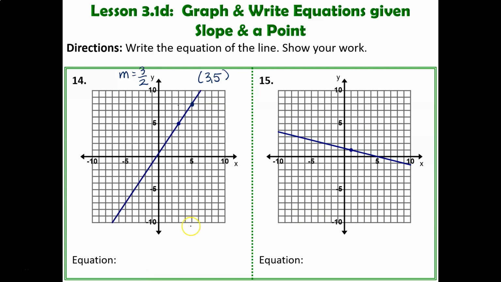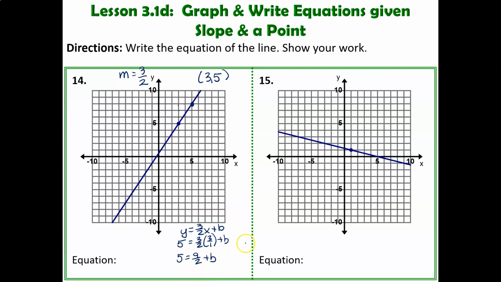So let's plug in. So I have y equals 3/2 x plus b. I'm going to plug my coordinates in. 5 equals 3/2 times 3 over 1 plus b. So 5 equals 9/2 plus b. Let's make this into a decimal.